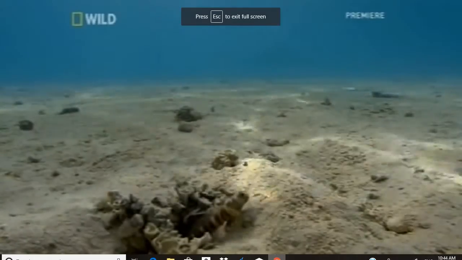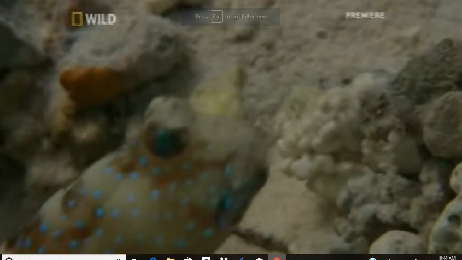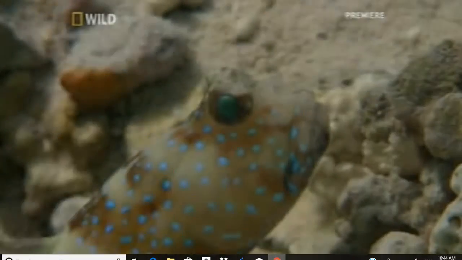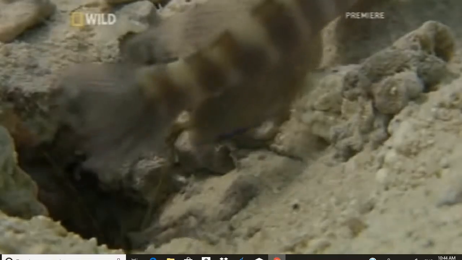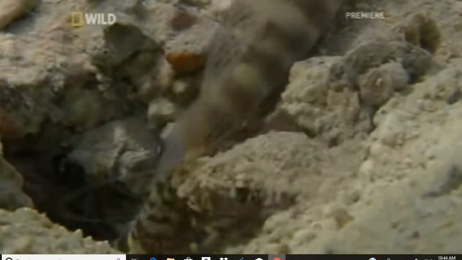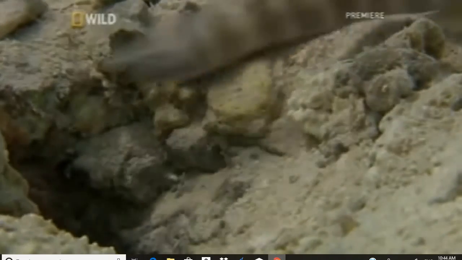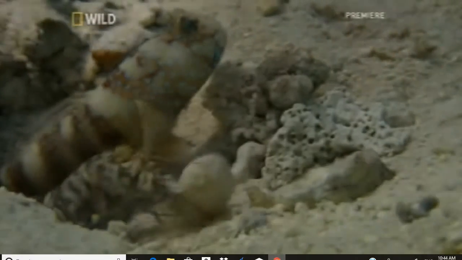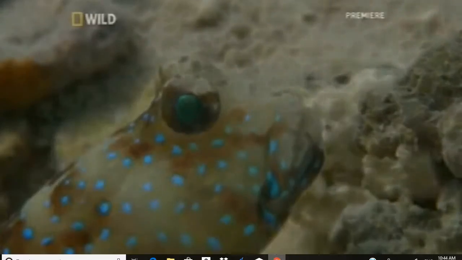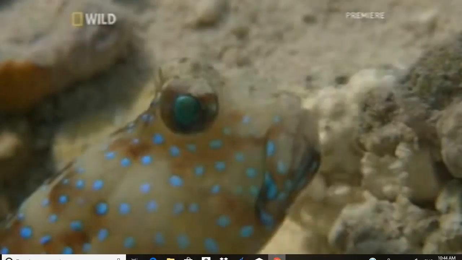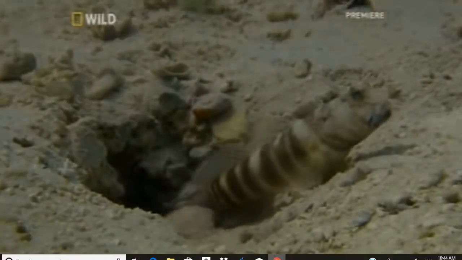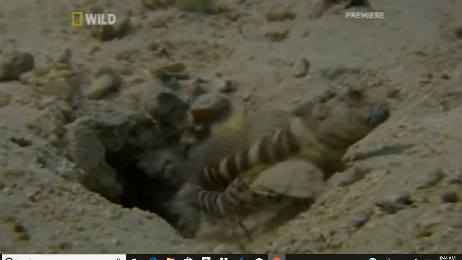Another goby and another strategy. A shrimp dug his burrow and still lives here, cleaning out the sand. The shrimp has poor eyesight and relies on the goby as a guard. There's a tenderness between this odd couple.